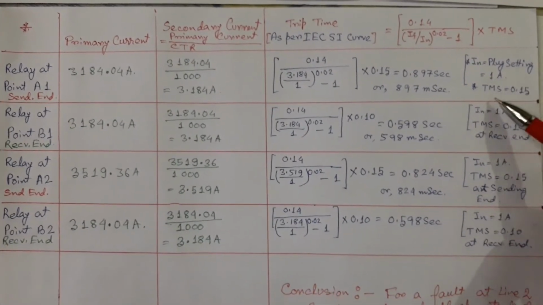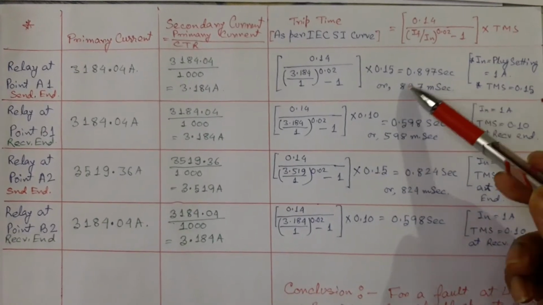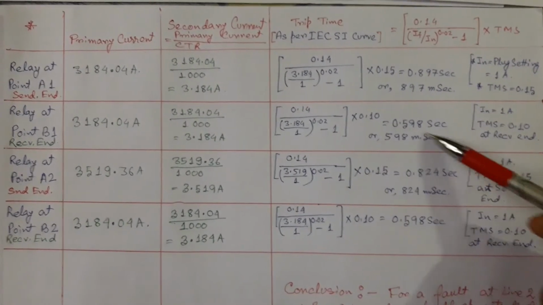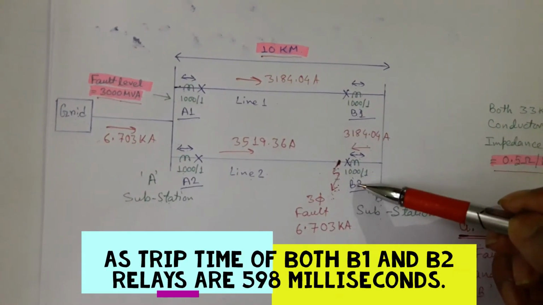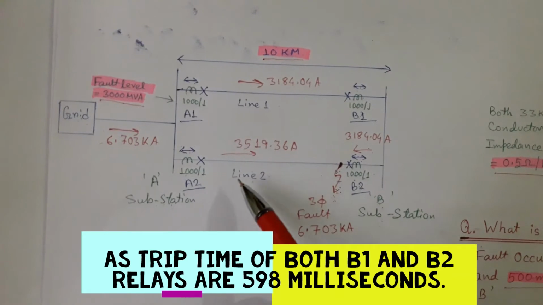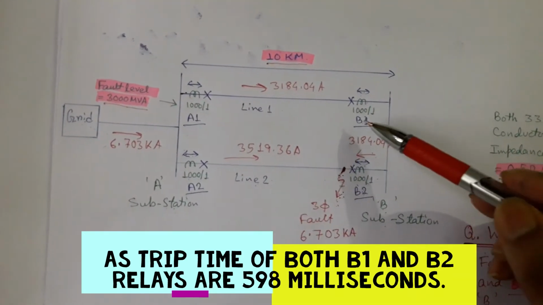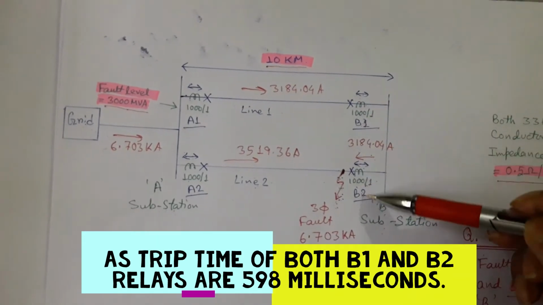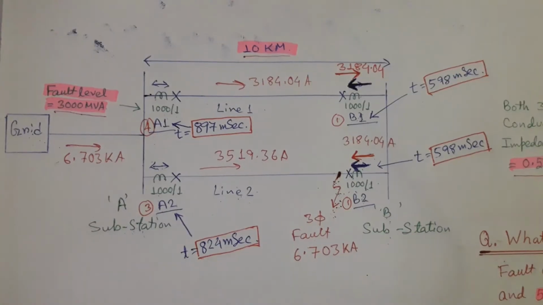As sending end TMS is more, so sending end trip time is more than receiving end trip time. As trip time of B1 and B2 relays are same, so for any fault at this point of line 2, both B1 and B2 will trip simultaneously, creating a blackout at substation B.